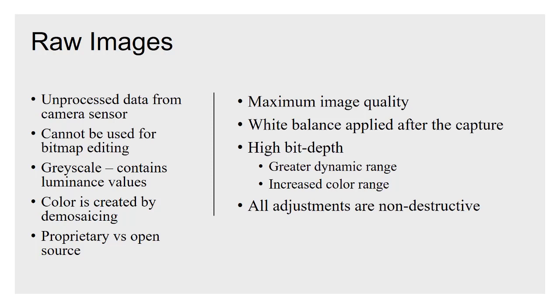But they are proprietary. So if you shoot with a Nikon, you'll notice that the raw files come out as a .nef. A Canon is a .cr2 or CRW. Sony, Pentax, and whatever other camera manufacturer, they all have their own raw formats too. That can be potentially a problem down the road. Let's say that Nikon goes out of business and nobody supports that file format anymore. You might have a hard time opening files from an older camera if that's the case.